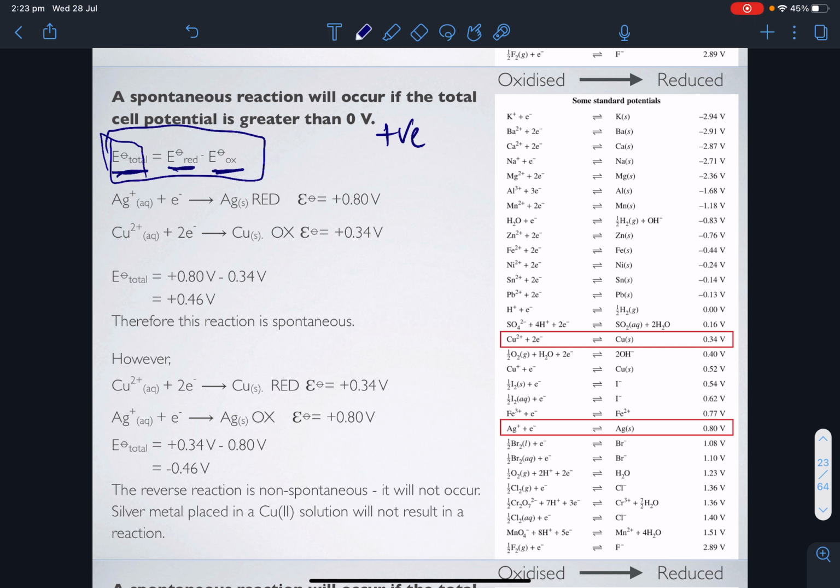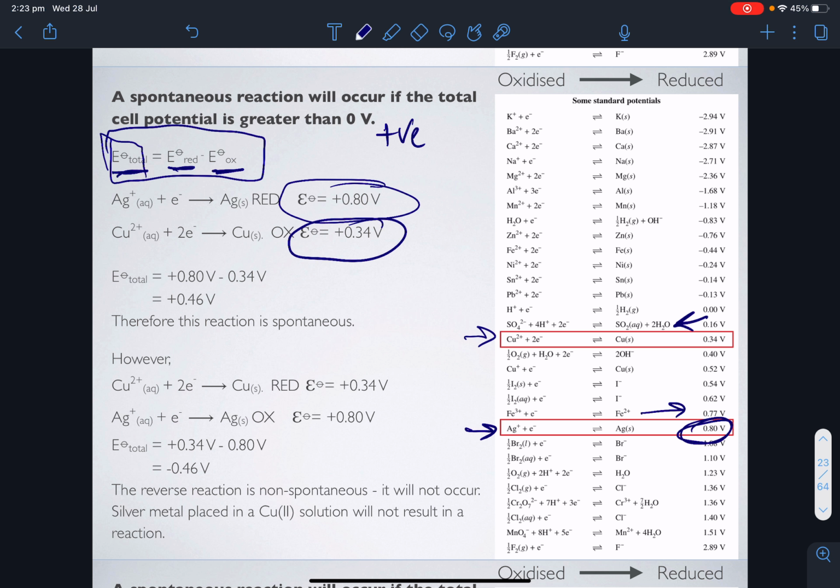So here we're looking at our old example between silver and copper. We talked about before it works when the silver is being reduced and the copper is being oxidized, or the reverse of the top one. Let's look at the voltage potentials here. For the silver, it's got positive 0.80. It's the greater one, that's good.